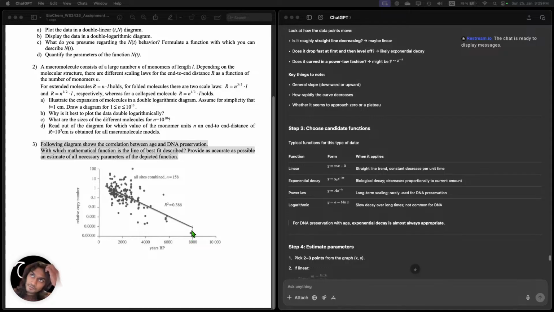So at 8,000 years it's 0.001 relative copy number.